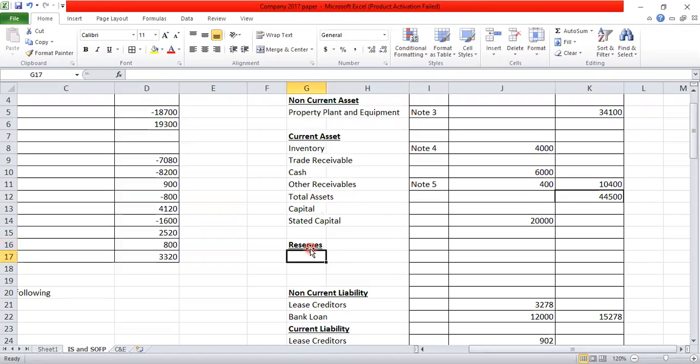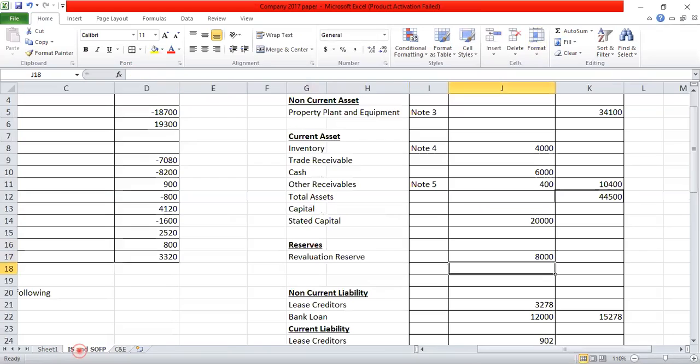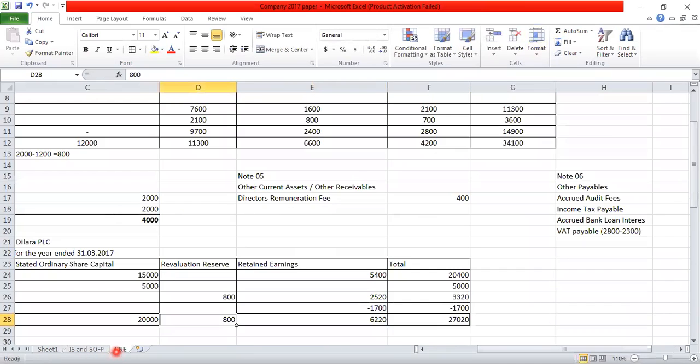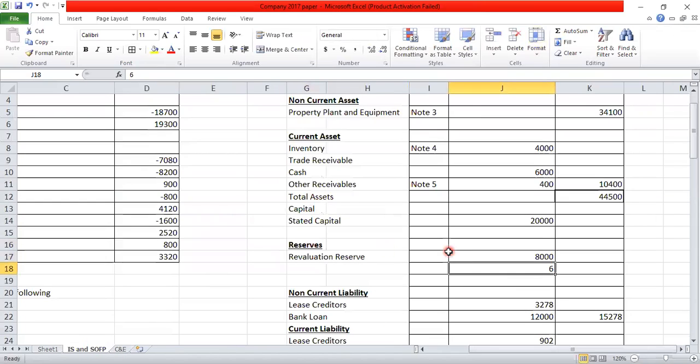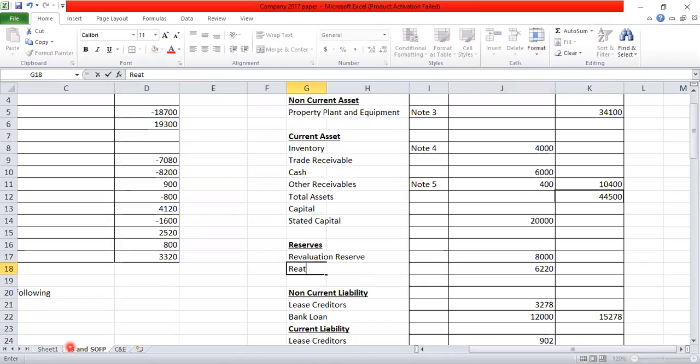Okay. And reserves we have revaluation reserve, which we got 800 from here, it is an equity. And retained earnings, we got 6,220. So I will write here revaluation reserve plus retained earnings.